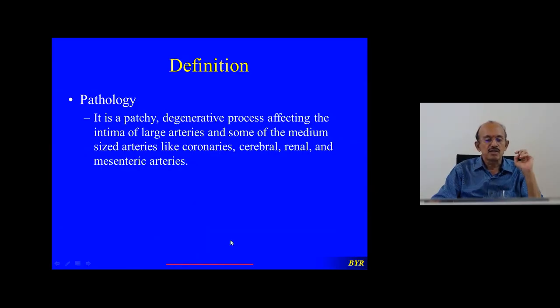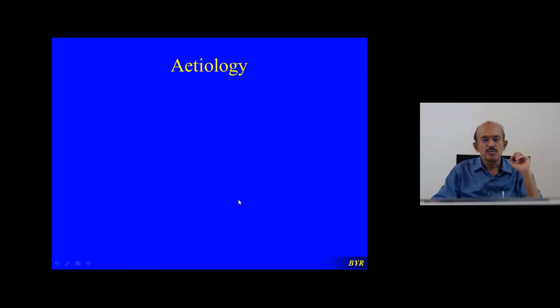What is atherosclerosis? It is a patchy, degenerative process of the vessels, affecting the intima of the large arteries and some of the medium-sized arteries like coronaries, cerebral, renal, and mesenteric arteries. So these medium-sized and large arteries are affected due to a degenerative process in the intima.